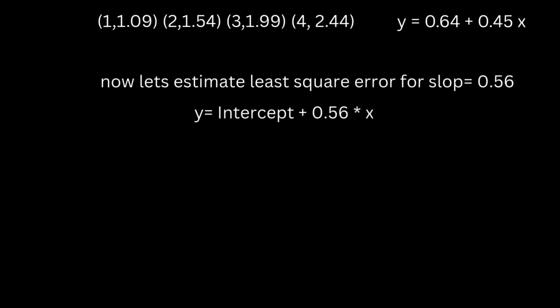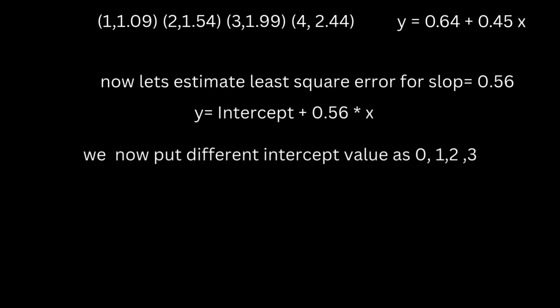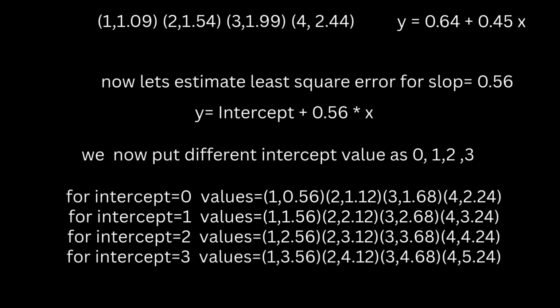So now let's estimate least square error for slope, and we consider 0.56 as some example or a random number that we take, and we now put different intercept values as 0, 1, 2, 3, and find corresponding least square errors for corresponding intercepts.